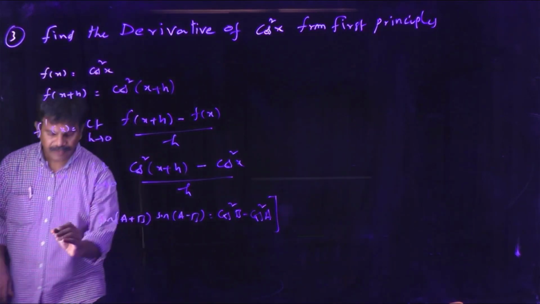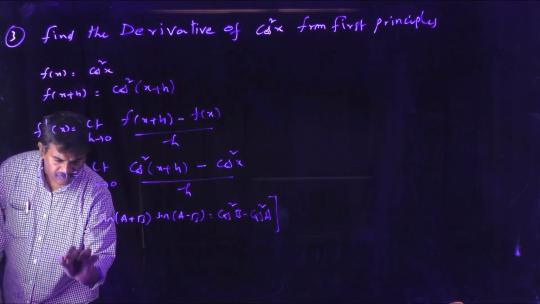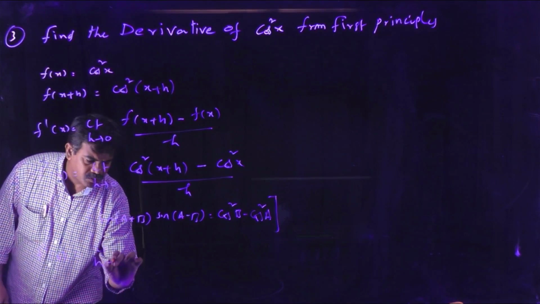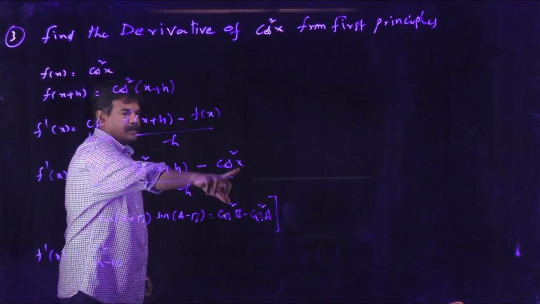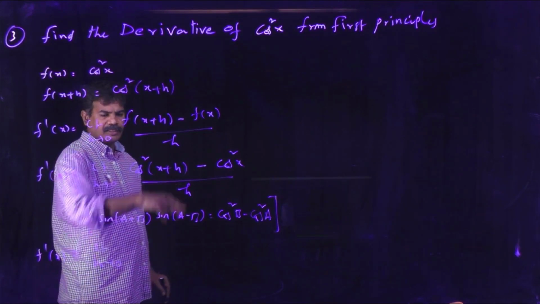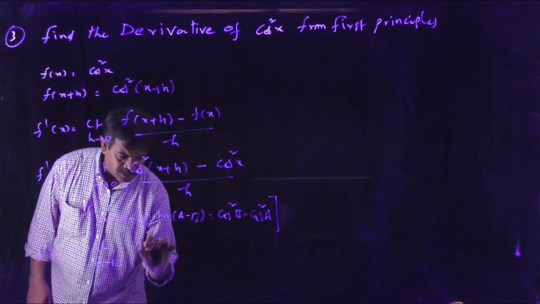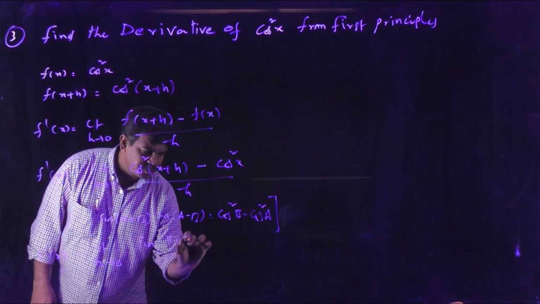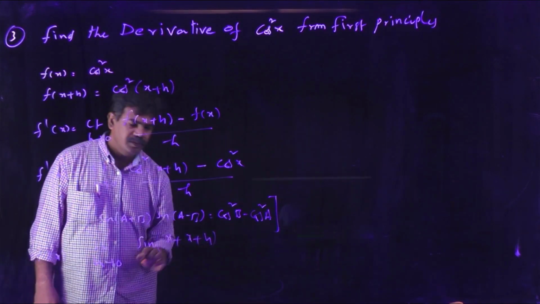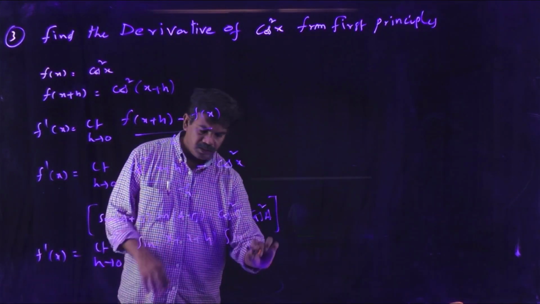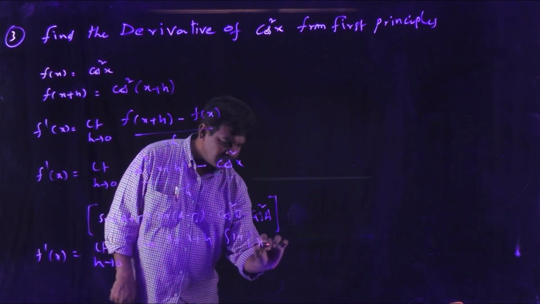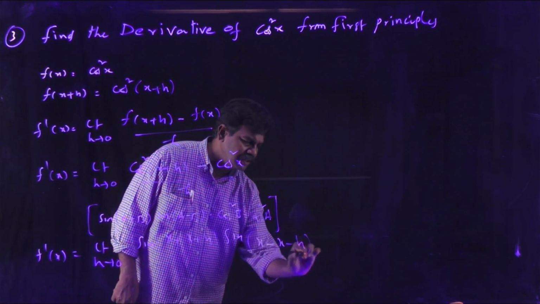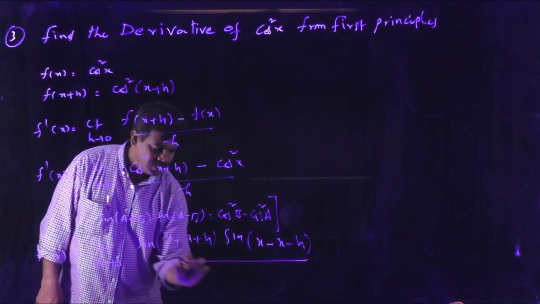So f dash x is equal to limit h tends to 0. So a is equal to x and b is equal to x plus h. We write sin of x plus h into, this is sin of a plus b into sin of a minus b, that is x minus h by h.